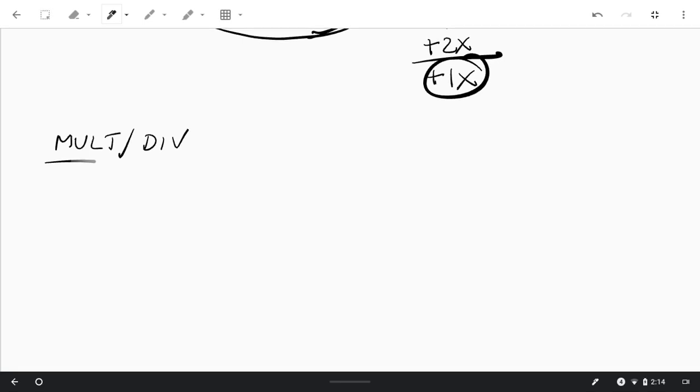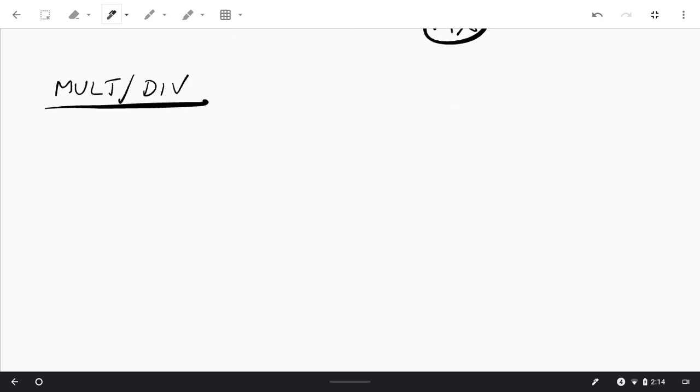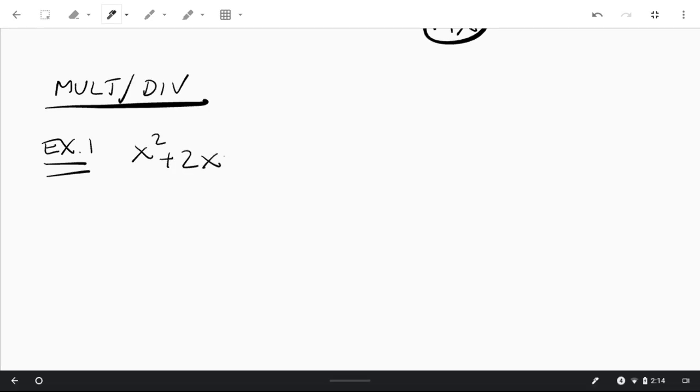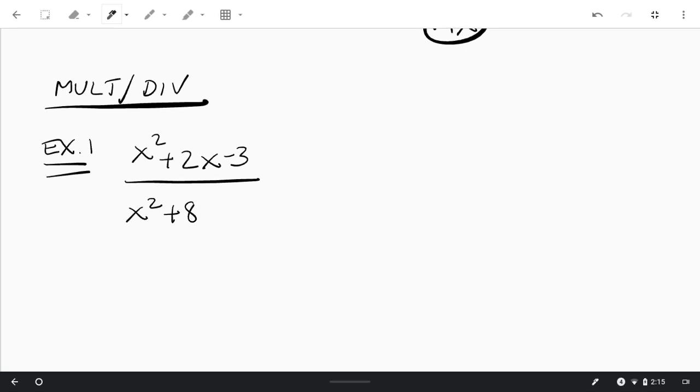Okay, so let's do multiplication first. Okay, so let's take a look at that with this example. Okay, so example 1, suppose that I have this x squared plus 2x minus 3 over x squared plus 8x plus 16.